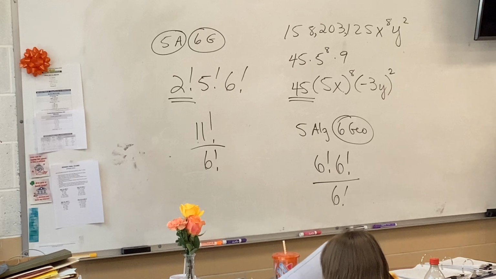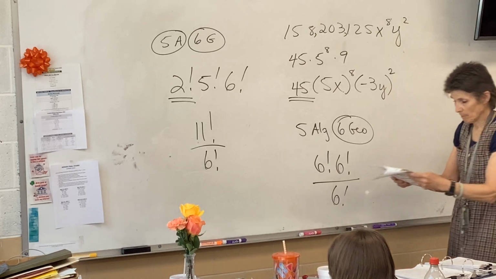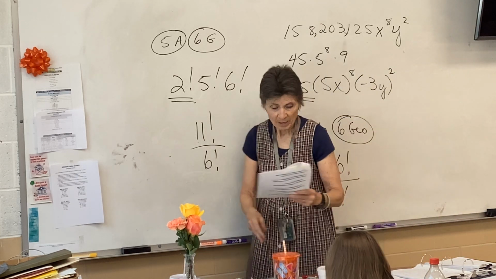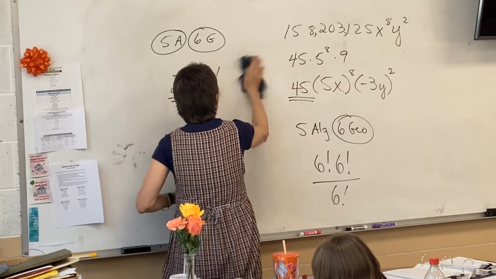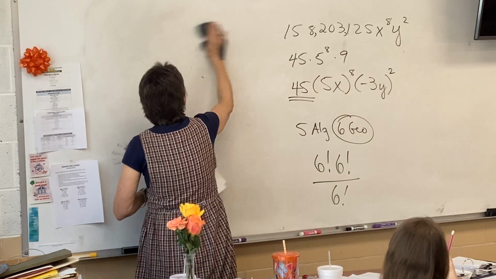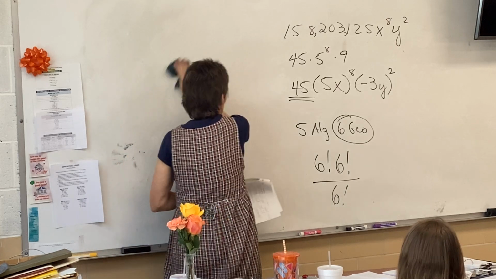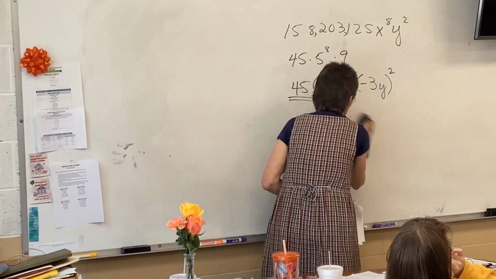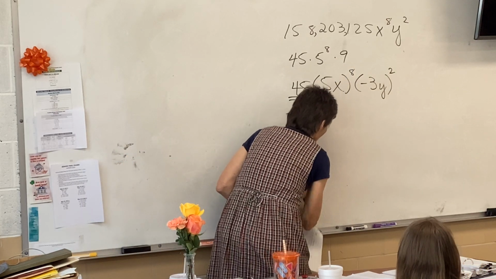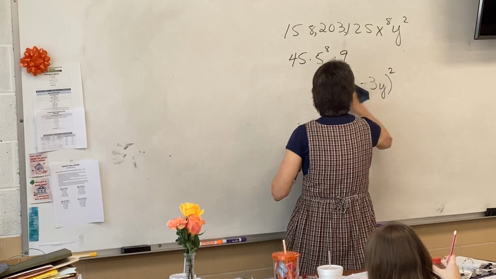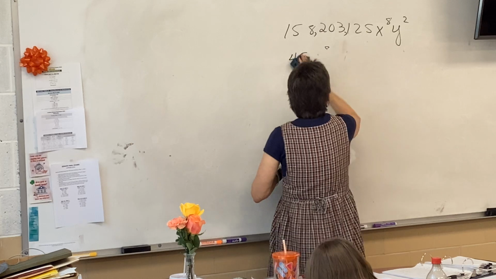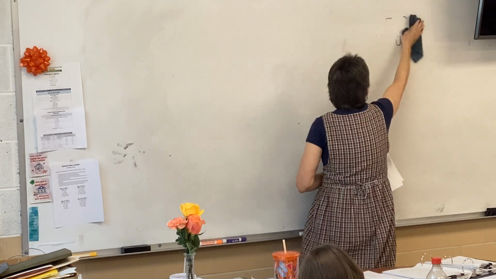All right, 9-2. Number 4. Find the probability of rolling a die 10 times and getting no more than 2 6s.